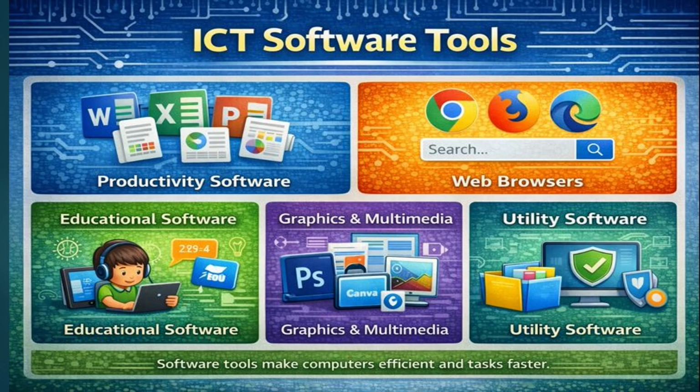Productivity software like Microsoft Word, Excel, PowerPoint, web browsers like Google Chrome, Firefox, educational software like learning apps and programs, graphic and multimedia software like Photoshop, Canva, utility software like antivirus programs and file organizers. Software tools are very important because they allow us to use the computer efficiently and complete tasks faster.